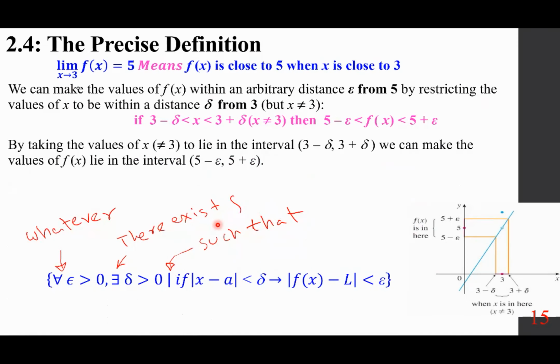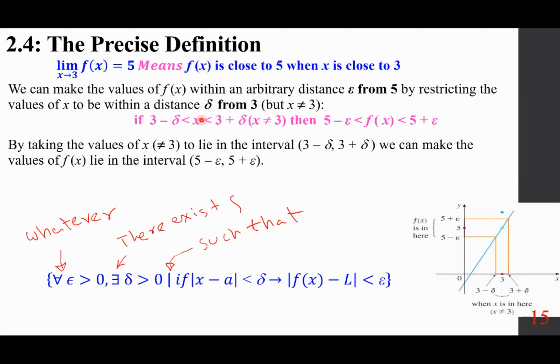So what does it mean in this example? We can make the values of f of x within an arbitrary distance epsilon from 5 by restricting the values of x to be within distance delta from 3, but x cannot be equal to 3.